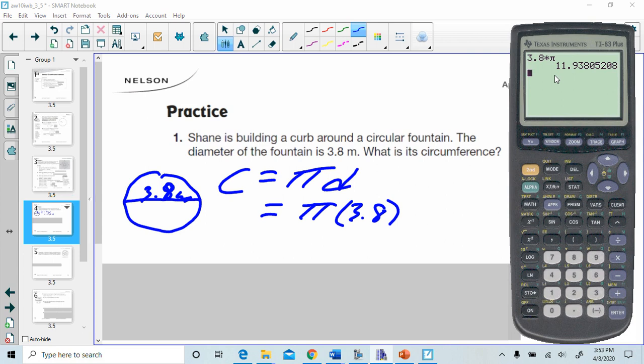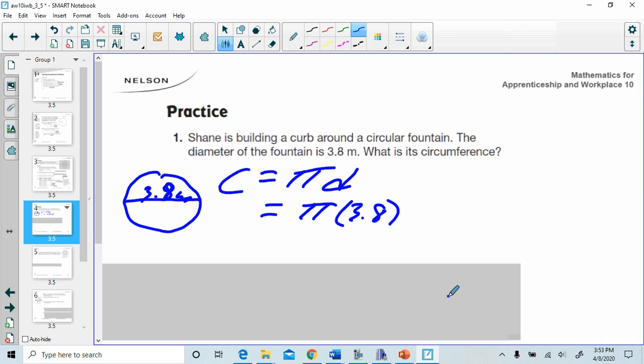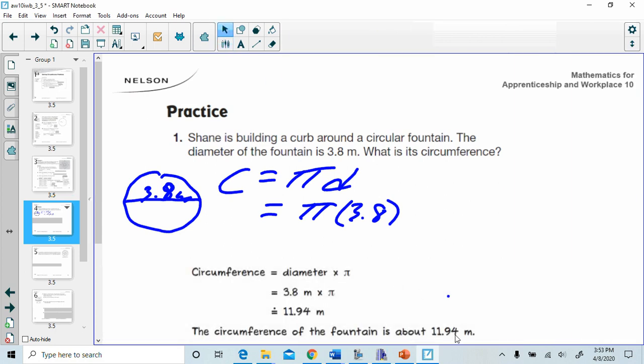So we can see that if it wants 2 decimal places, then this 8 would round the 3 up to a 4. So that would be what's shown here. There's a 4 there.